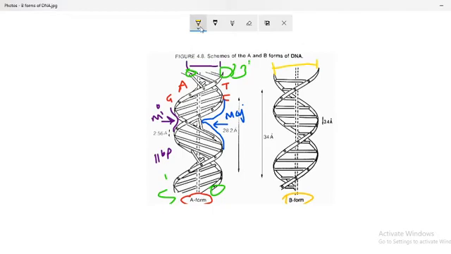Apart from this, the structure forms per turn of helix 28.2 angstroms, where the distance between two nucleotides is 2.56 angstroms. So let us move to our presentation.